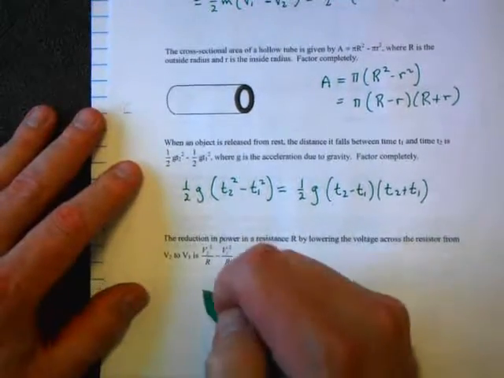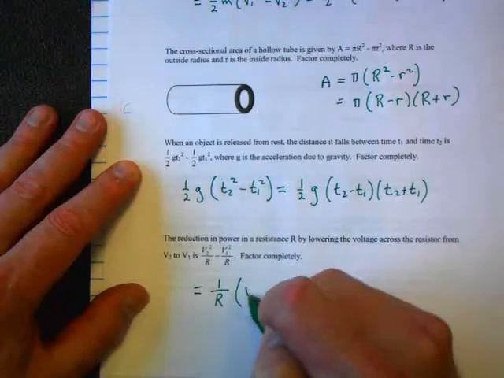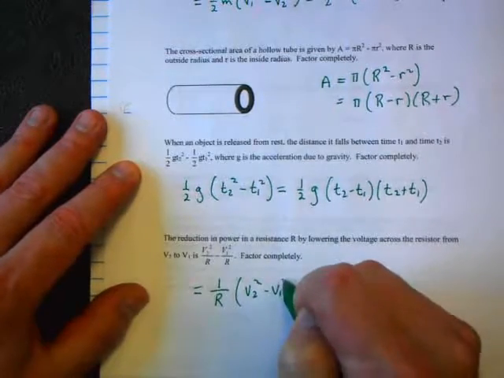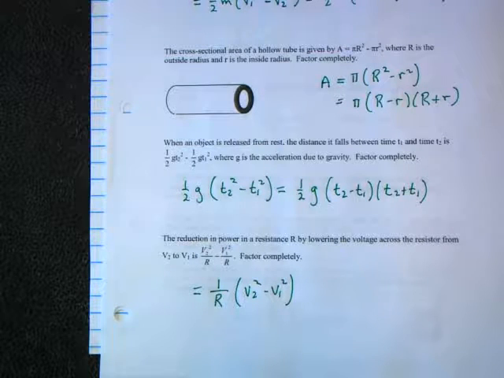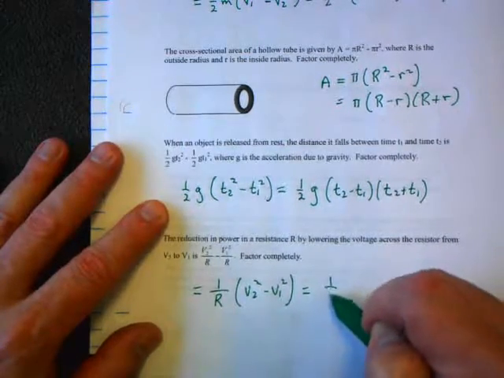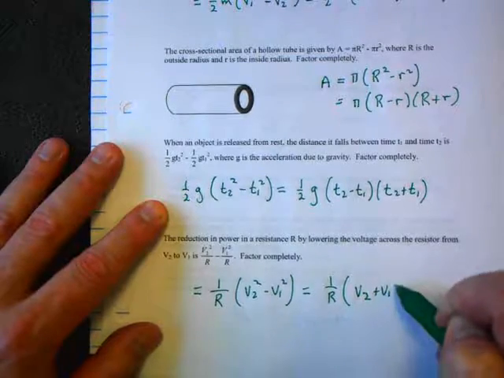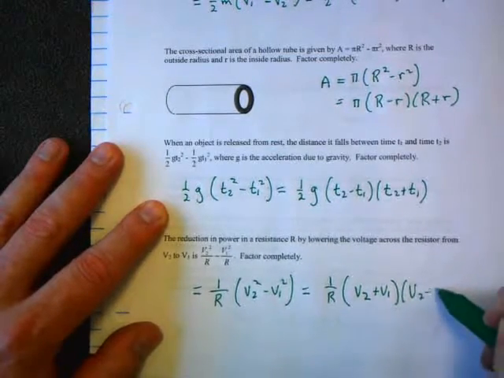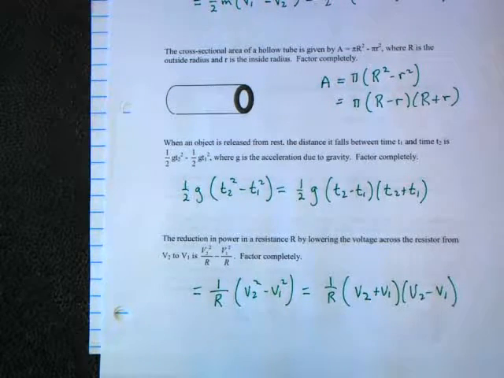So I don't really factor out an R. I'm really factoring out a 1 over R. Since both the R's are on bottom, they have to stay on bottom. So I really factor out a 1 over R. And then, difference of squares, 1 over R, v2 plus v1, v2 minus v1. Questions on any of those?